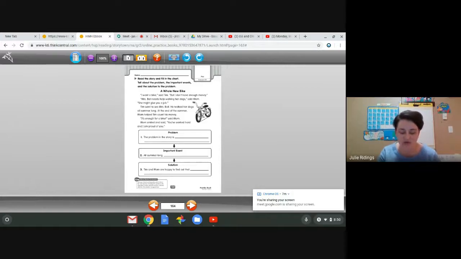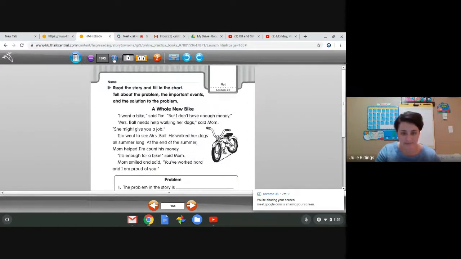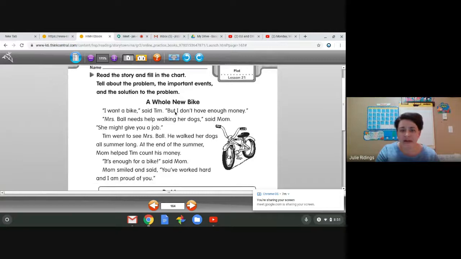A Whole New Bike. Are we ready? I want a bike, said Tim. But I don't have enough money. Mrs. Ball needs help walking her dogs, said Mom. She might give you a job.